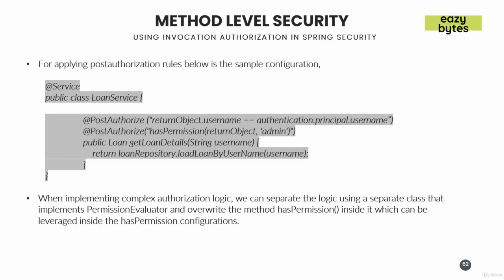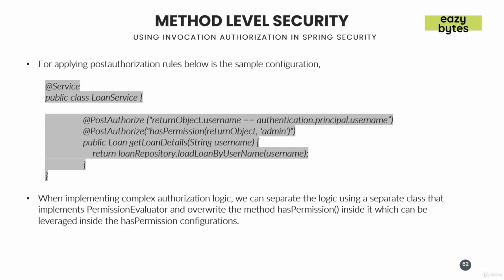Just like how we have has authority, has any authority, has role and has any role, if you have complex authorization rules that you want to apply based upon the data that comes from the method and certain business requirements which you can't put inside the annotation brackets, in such scenarios you can write your own permission evaluator class by extending the PermissionEvaluator interface and overriding the has permission method.